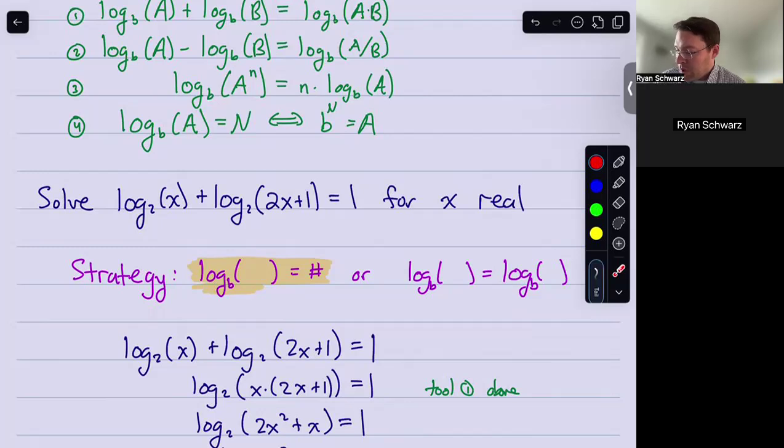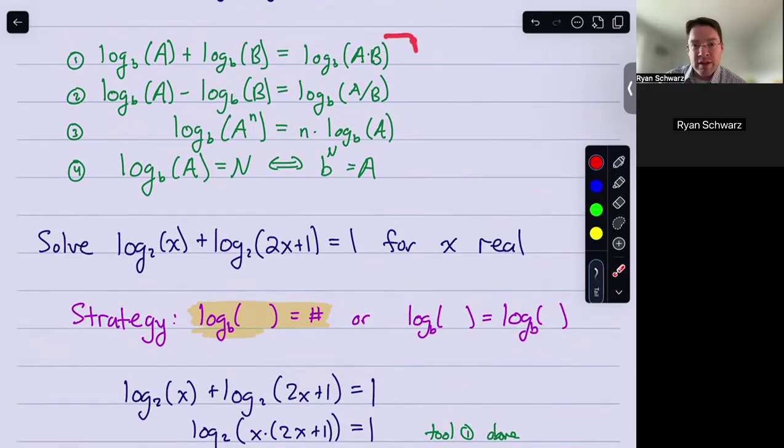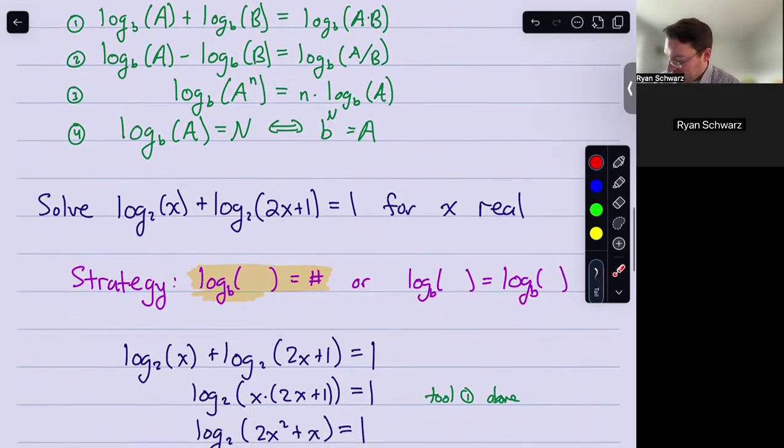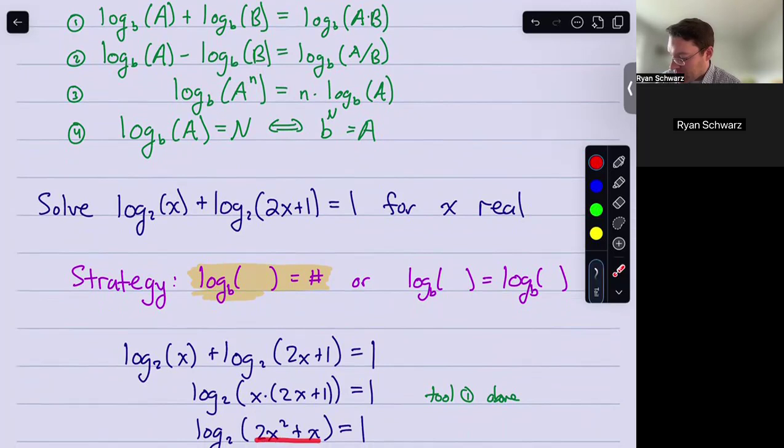Now, that means that these three are not necessarily relevant anymore. Right? I don't have two logs anymore, so this is not really useful as a tool at the moment. I don't have just one exponent which affects every term that's here, right? Yes, the squared is there, but it only affects the x. It doesn't affect everything.